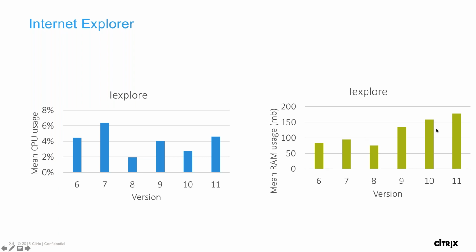So you can see, and this is real world data from existing customers using this today, if you're going from IE8 to IE11, there's going to definitely be an impact on RAM. Of course, the websites that your users go to, and more importantly, the plugins that they use will have an impact on that as well.